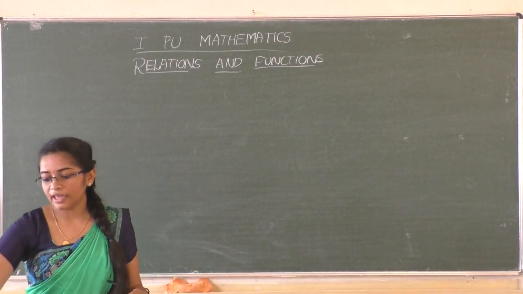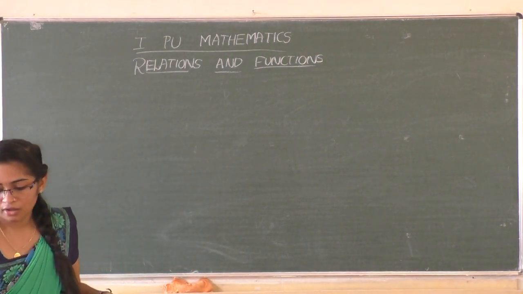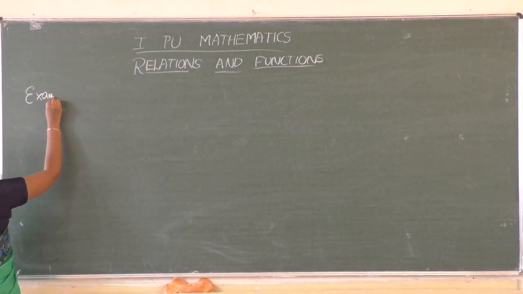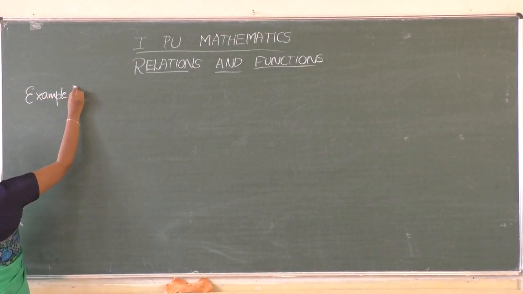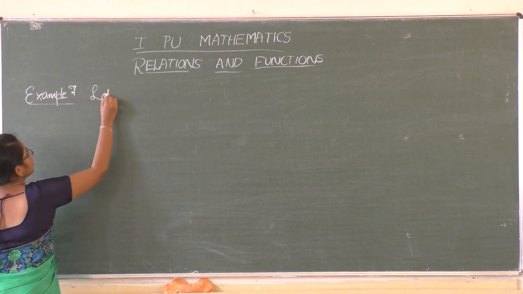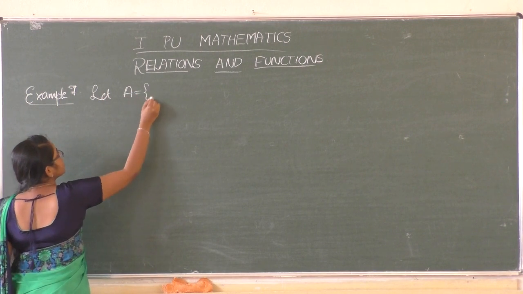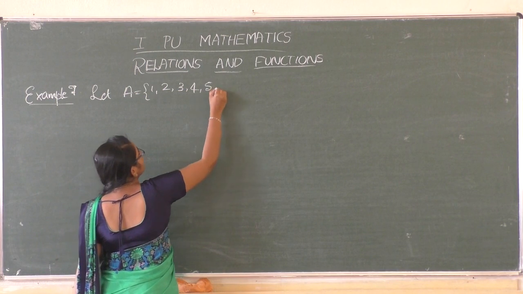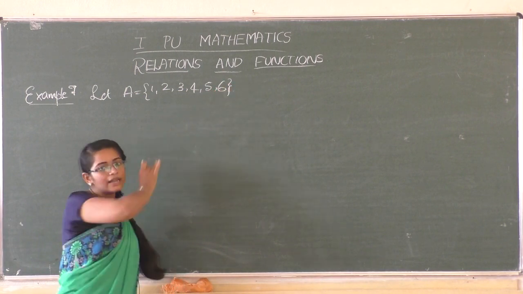Now coming to the example, let example number 7. It's given that the set A is equal to {1, 2, 3, 4, 5, 6}. This is the set given.